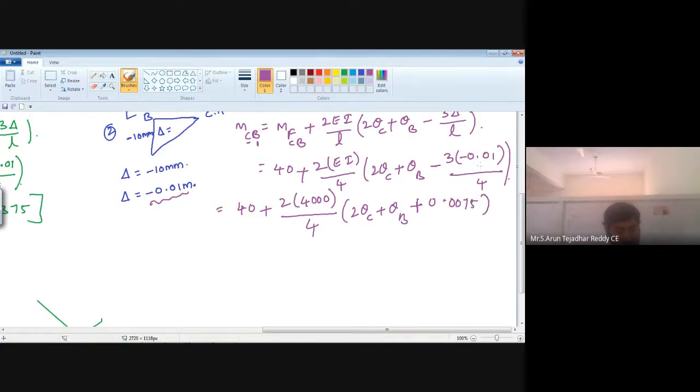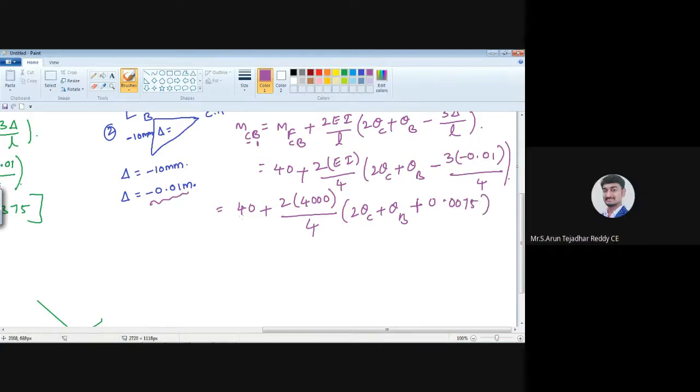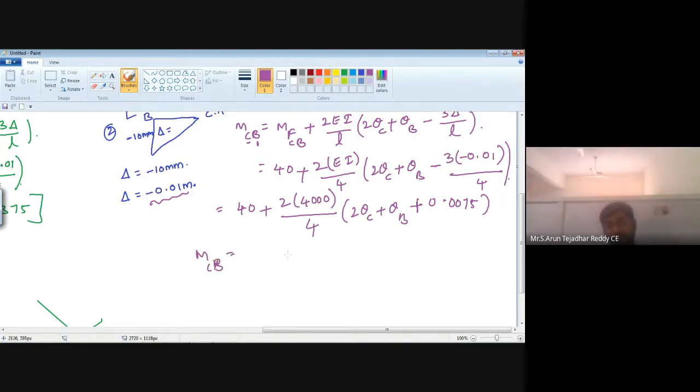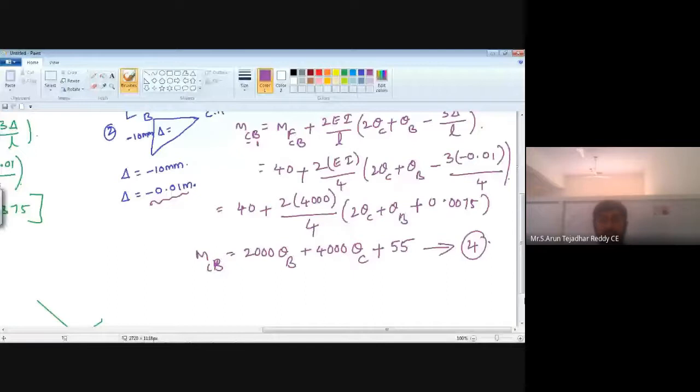After evaluating this term, then it is 0.0075. Now, what is the final equation number 4? Once evaluate this complete equation, then you will get 2000 theta B plus 4000 theta C plus 55. This is our equation number 4.